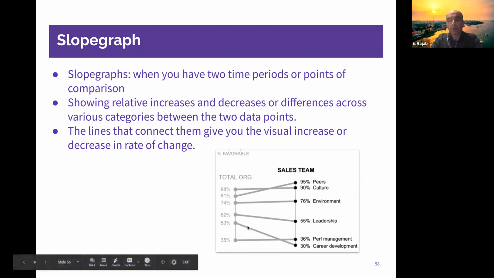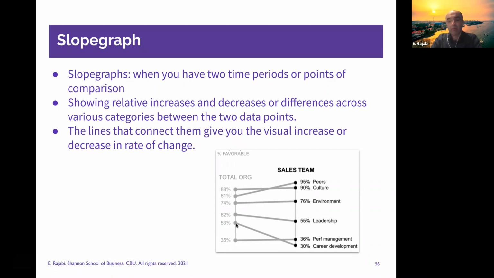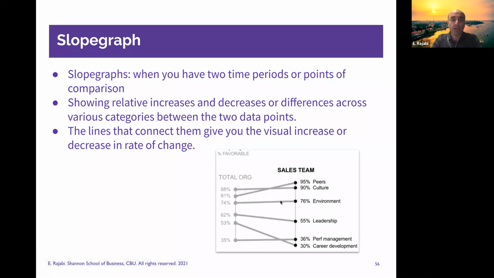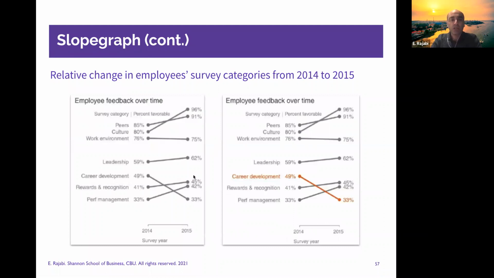And perhaps we want to show that how every percentage or number changes over the time. Is it bad or is it good? Is it increases or decreases the numbers or something like that, right? For example, this example shows the relative changes in employee server categories from 2014 and 2015. On the right side, you can see we highlight, for example, one of the employee groups.